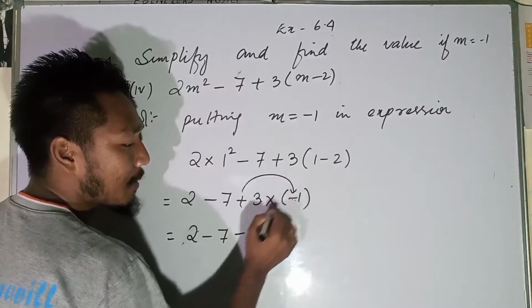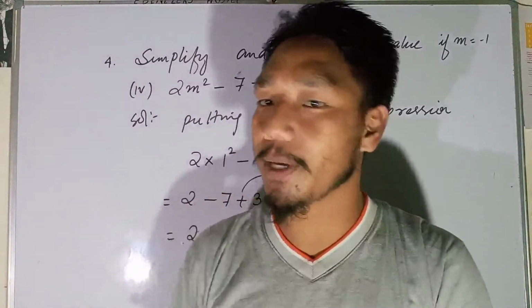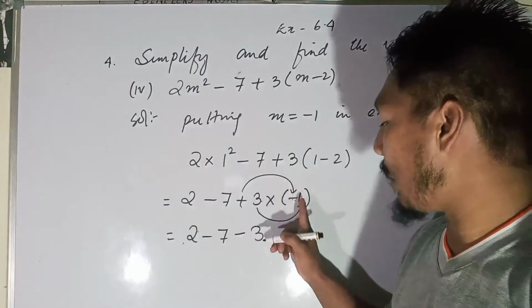Sign and sign will multiply, numbers and numbers will multiply. We know that minus and plus will become minus, 3 into 1 will become 3.